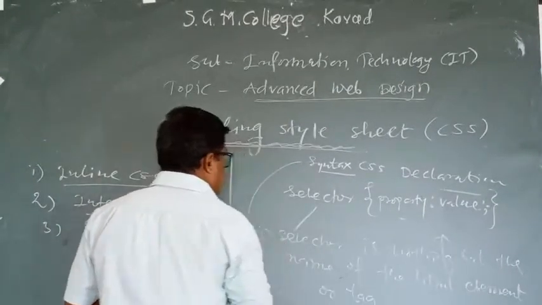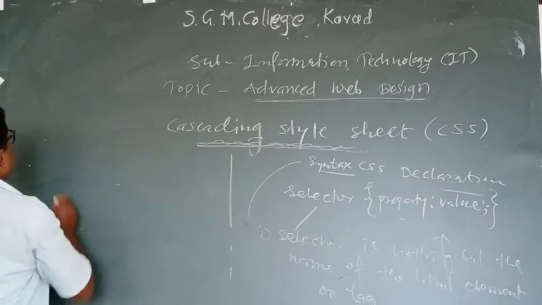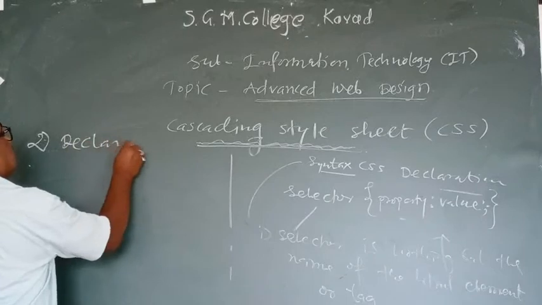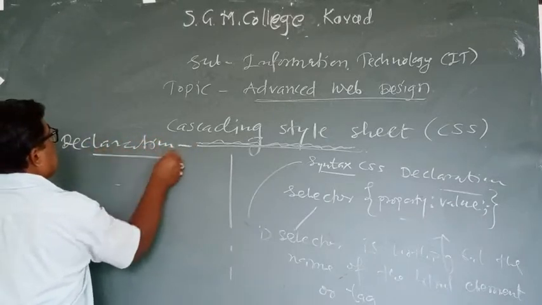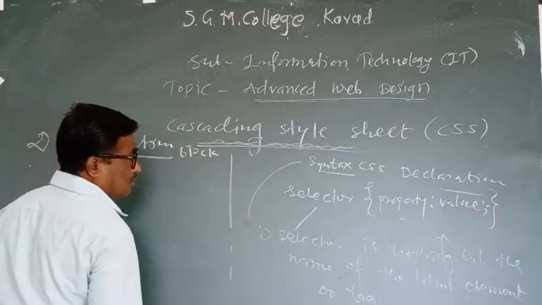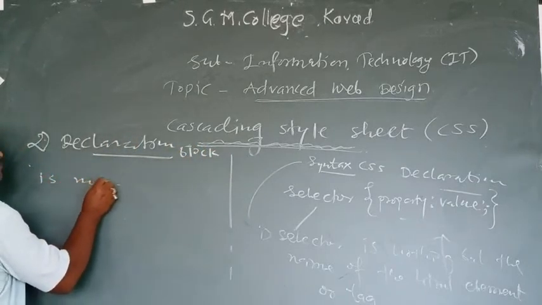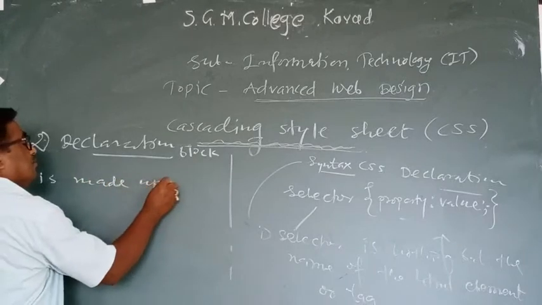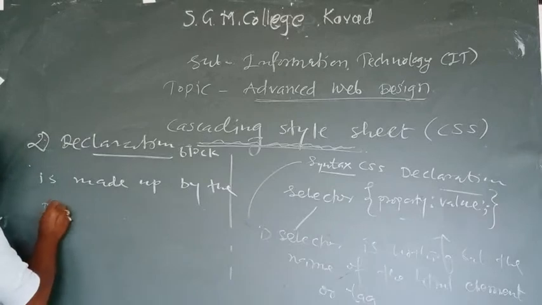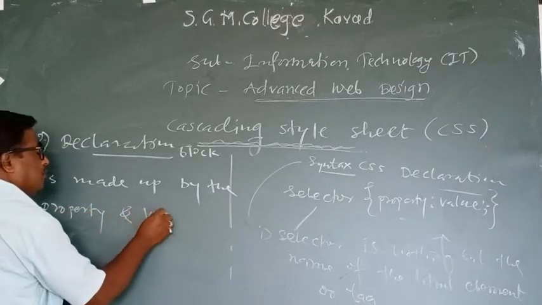This is a selector. The declaration block is made up of the property and values.